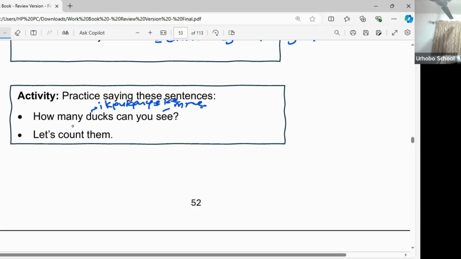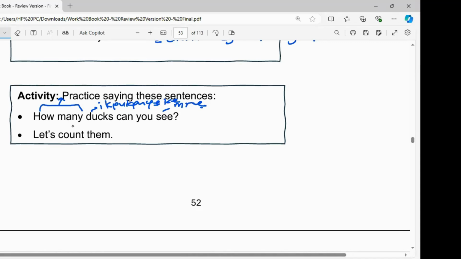So how many dogs can you see? Let me know how you can say how many. You know how to say how many, right? I'm not sure. Yeah, tell me something. Anything.